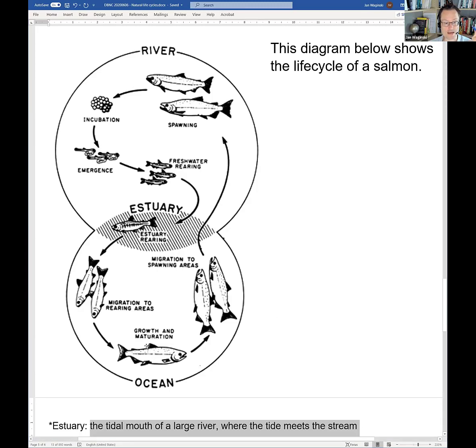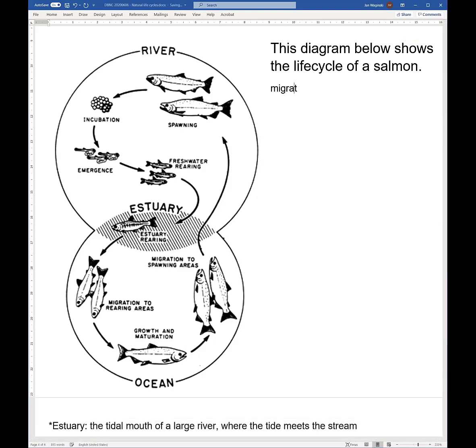Okay, how about maturation? Growing? Becoming adults. So we've got migration: move, swim, travel. I don't know if I missed one.